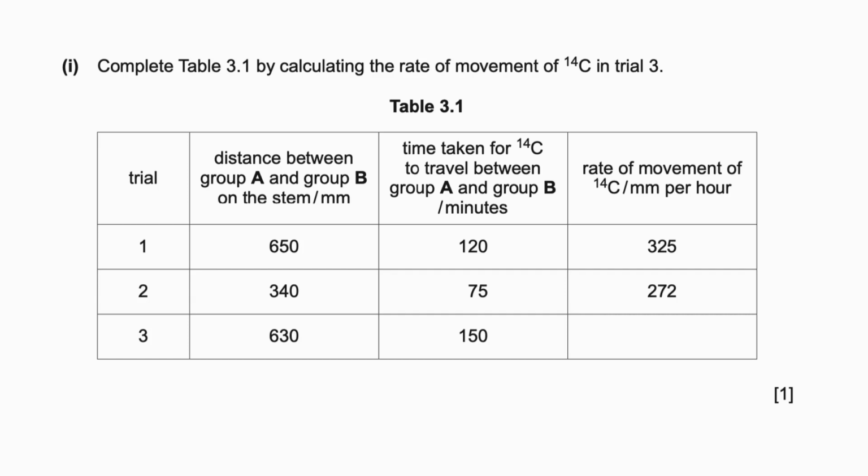Since it is 150 minutes, we will convert into hours by dividing 150 by 60. This will give us 2.5. Distance on the stems is 630 millimeters, so 630 divided by 2.5 would give 252. Therefore, the rate of movement for Trial 3 is 252.